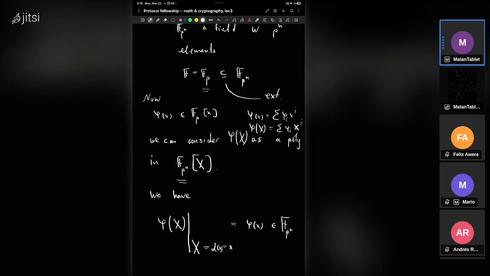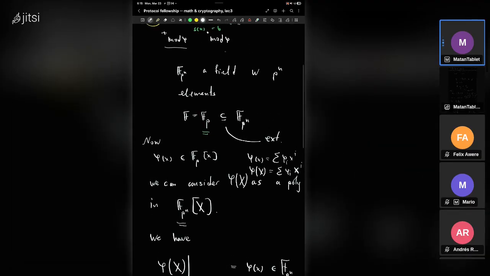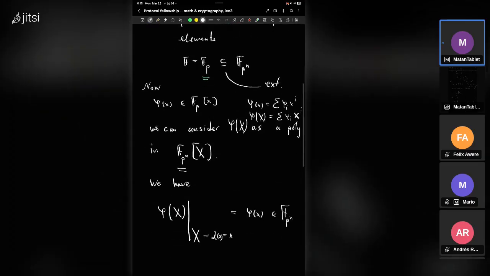But in F_p^n, we do addition and multiplication modulo phi. Modulo phi, you can think of it as modulo phi(x). And phi(x) modulo phi(x) is equal to 0.